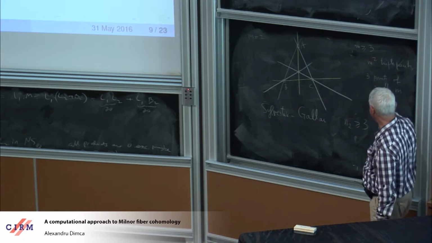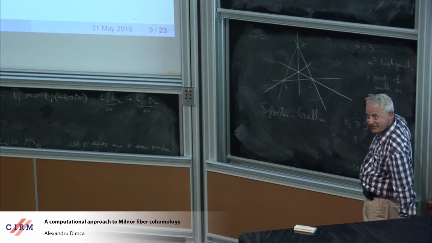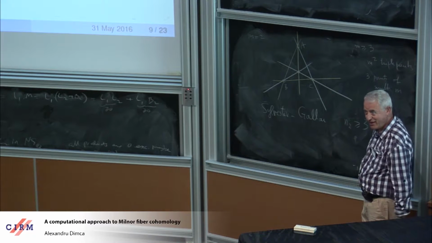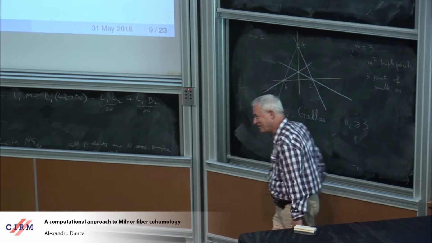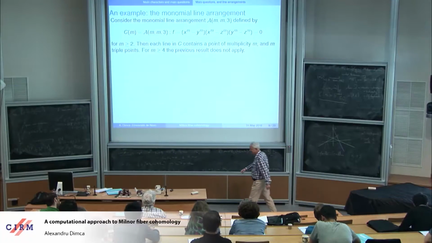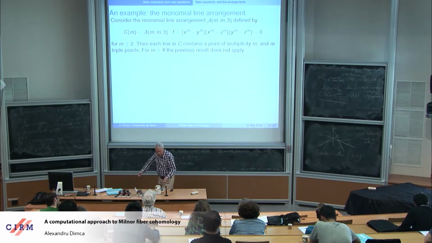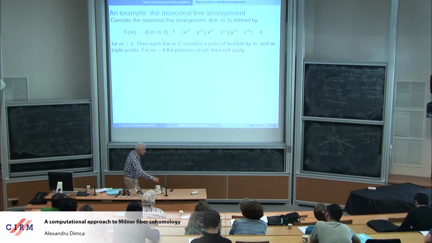And in this case, there are no double points at all. So this cannot be a real line arrangement in the plane. So we cannot draw pictures, and this maybe explains why things are complicated. Okay.